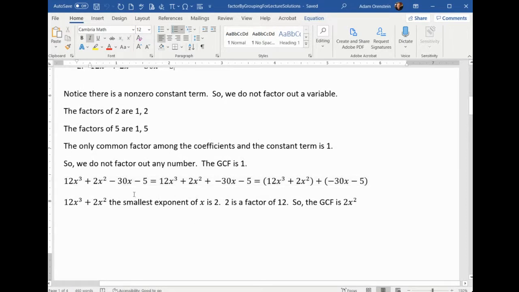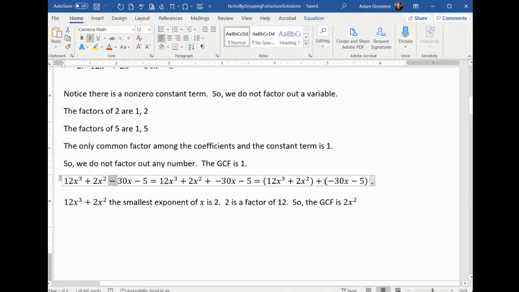Notice what I did also was the minus here. Between the second and third term, subtraction, I changed that into addition, adding the negative. Now I can make the two groups because I want addition there.